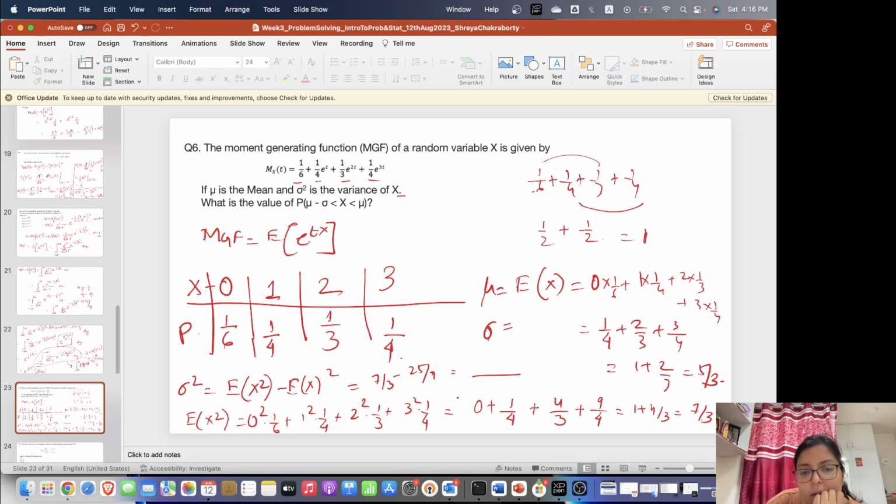But then this is also coming negative, so I must have made some mistake. Can you please check where I went wrong? Oh, here. This is 10 by 4. Sorry, this shouldn't be. 10 by 4 means 5 by 2. Here I've made a mistake.